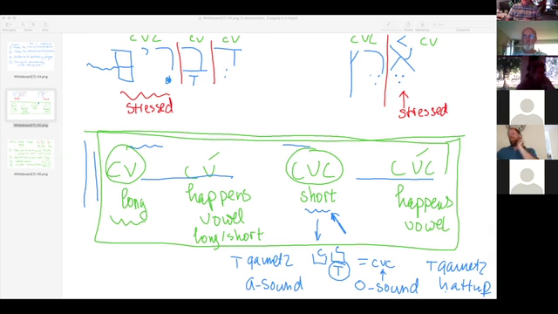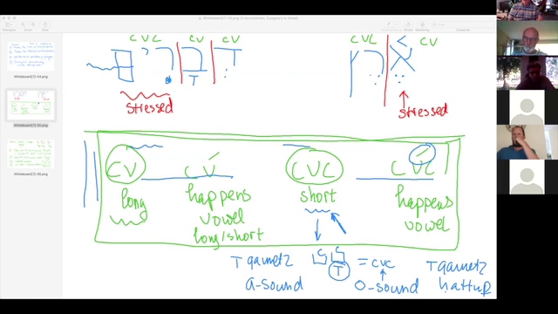So when you see CVC and you see the T symbol, you know it's the O sound because CVC is short. But remember, it's about unstressed syllables. When it's stressed, the vowel can be long or short.